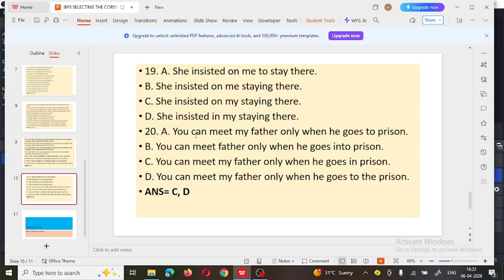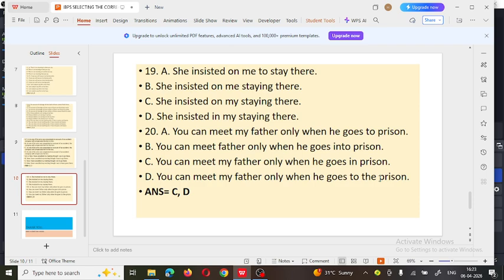Next, you can meet my father only when he goes to prison. You can meet father only when he goes into prison. You can meet my father only when he goes in prison. And the fourth one, you can meet my father only when he goes to the prison.